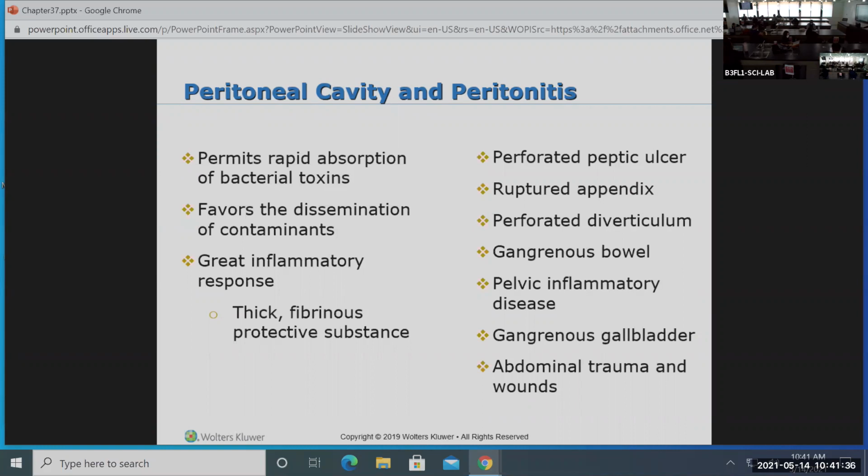Now, it favors the dissemination of contaminant. Number 3, it has a great inflammatory response. It forms a thick, fibrinous protective substance.